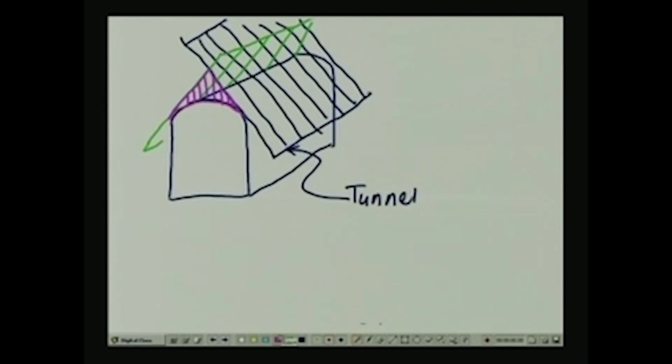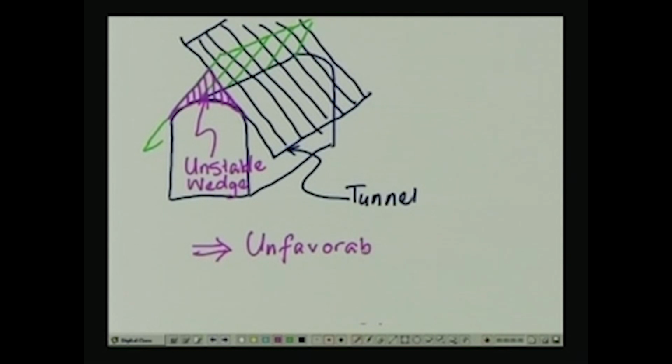So this particular alignment, so this is the unstable wedge in this case, unstable wedge. So this is going to be classified as unfavorable condition.